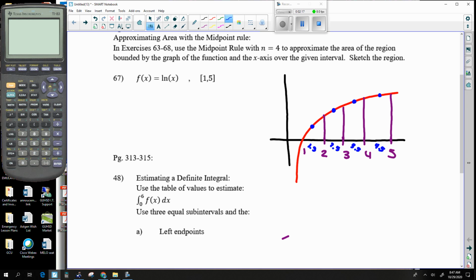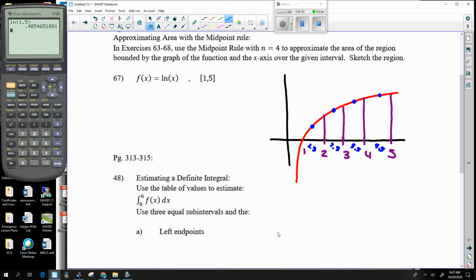So let's go ahead and use our calculator to figure out what the values are at those midpoints. So at 1.5, this has a value of 4.05, blah, blah. Actually, I'm not going to get these values. I think I remember the trick to this question.